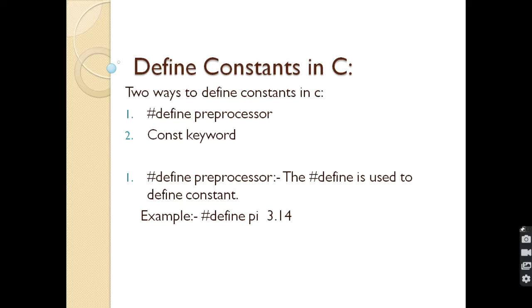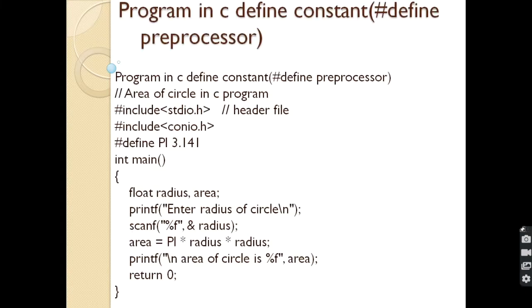We will explain in a C program how to define a constant with the #define preprocessor. Let's look at a program. Here we are finding the area of a circle through a C program using the #define preprocessor. #include stdio.h and #include conio.h. These are header files. #define pi 3.141.